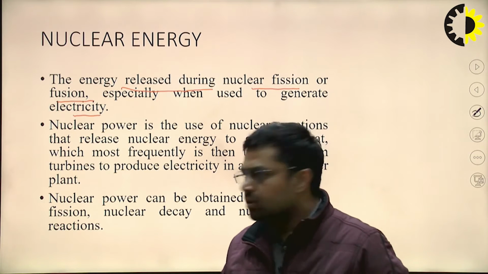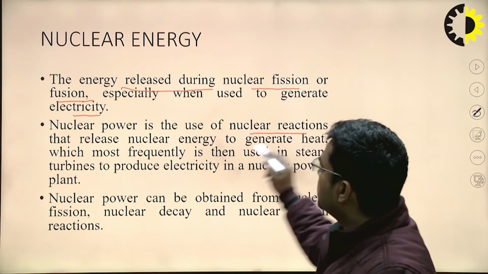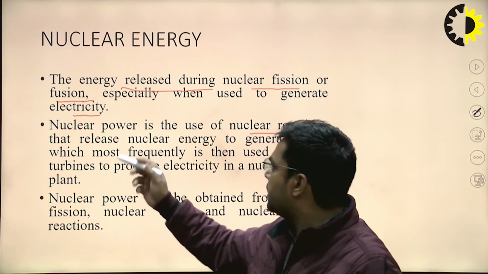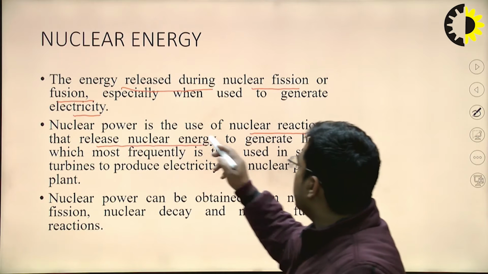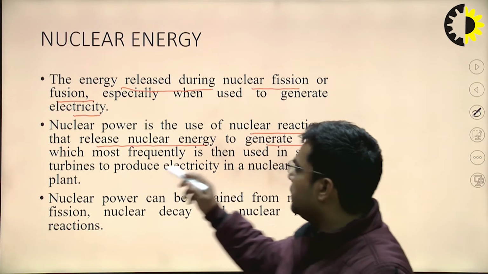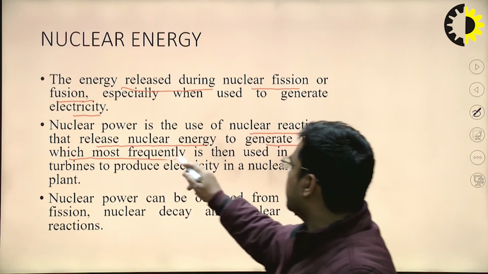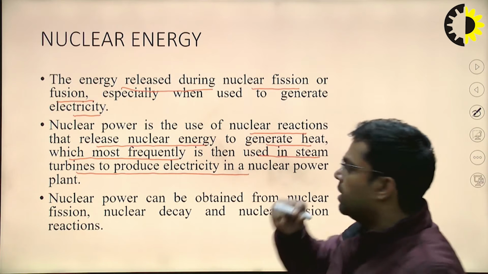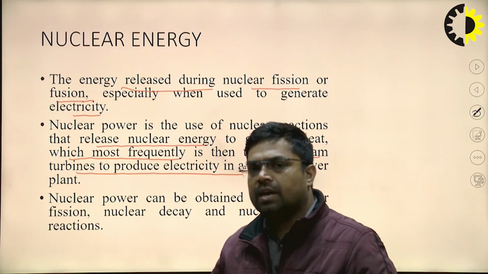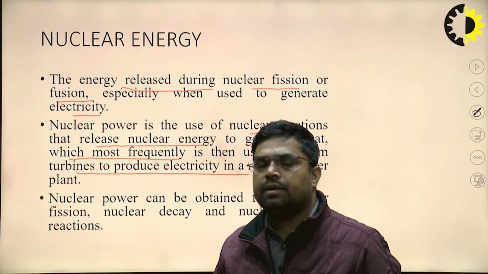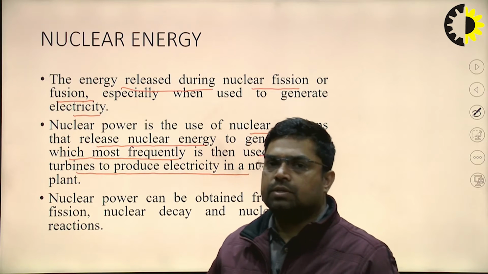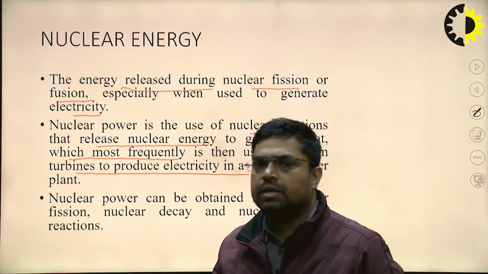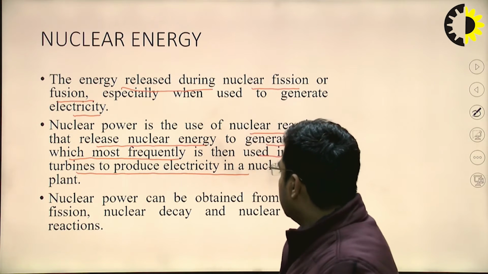Further, nuclear energy is the use of nuclear reactions. Nuclear reactions are nuclear fission reactions and nuclear fusion reactions, which release nuclear energy. We can use it to produce heat, which is most frequently used to make steam to rotate the turbine and produce electricity.